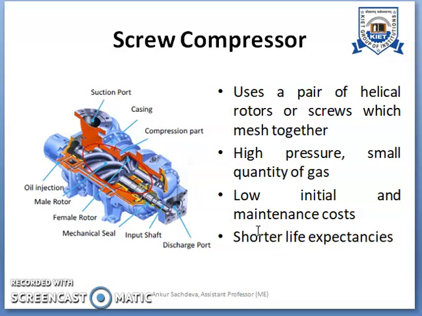Through the suction port, the refrigerant vapor enters the compressor and gets trapped between the threads of the two mating rotors, and then it gets compressed as it moves towards the discharge end of the compressor. The advantages of this kind of compressor are higher efficiency and low initial and maintenance cost.